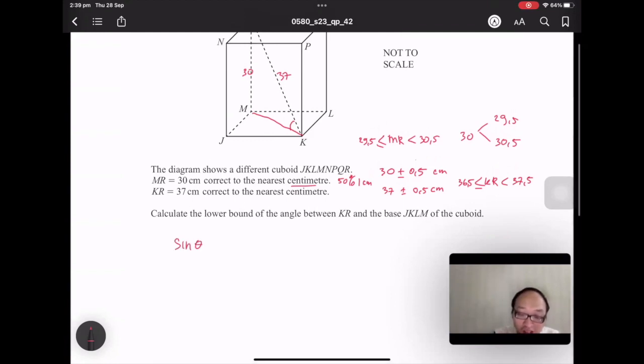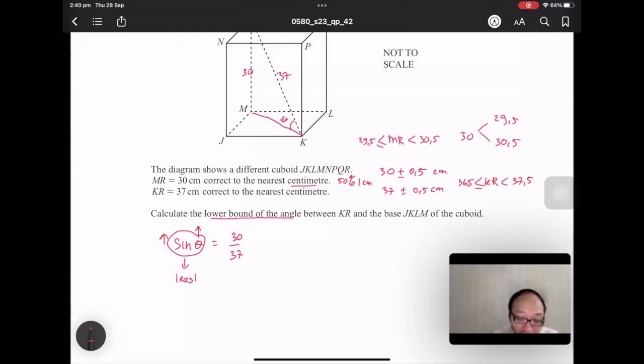So sine theta equals 30 over 37. To find the lower bound, we know that if theta is increased, the value of sine will be increased. So to find the lower bound of the angle, we have to find the least value of sine theta.